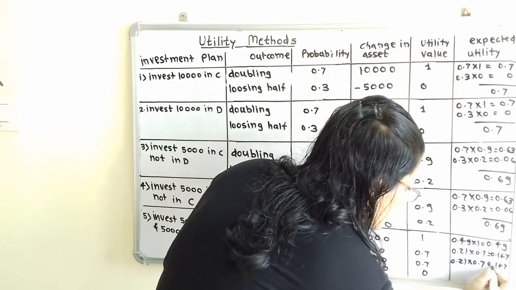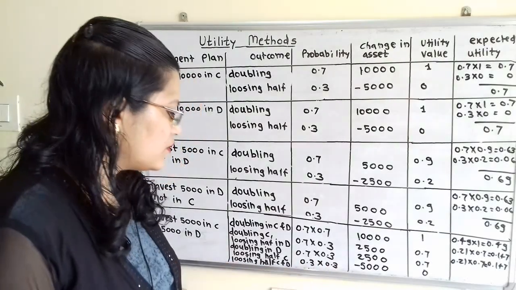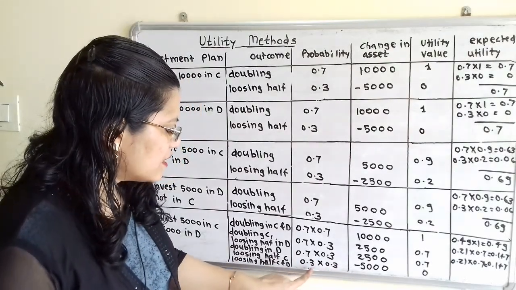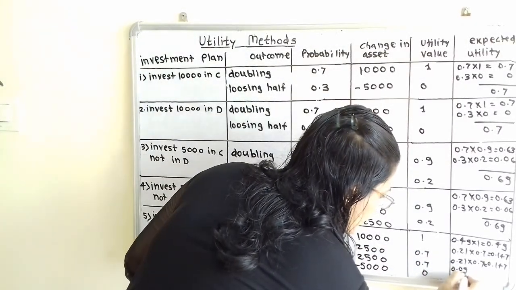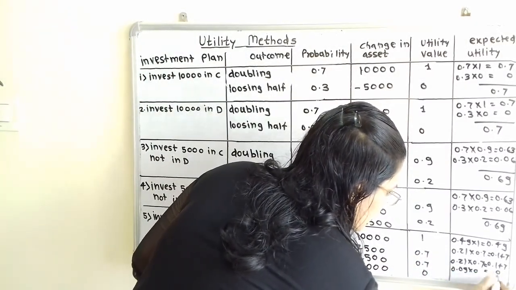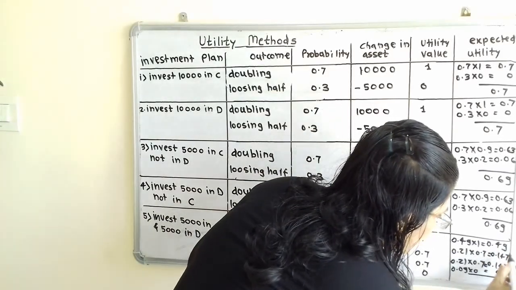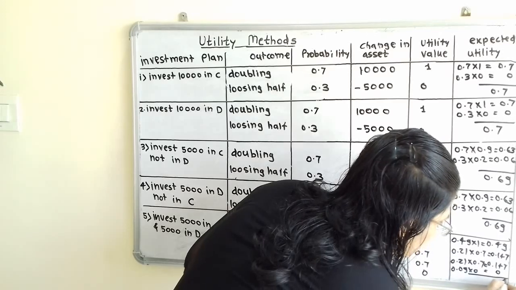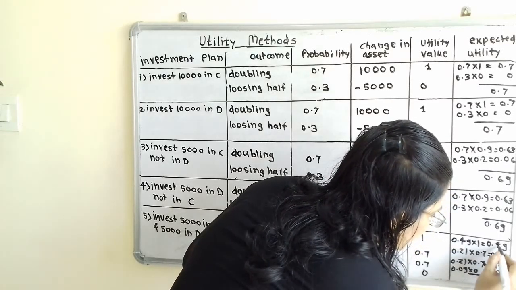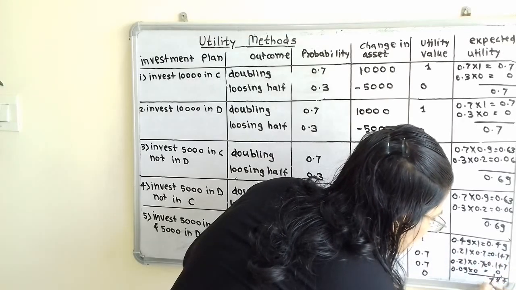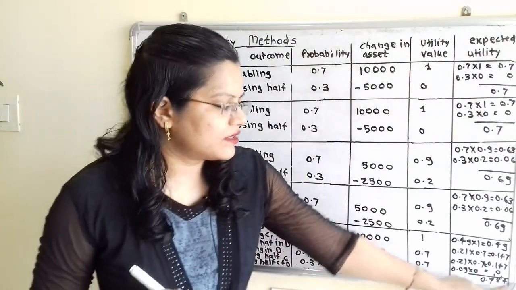Then here 0.3 into 0.3, that means 0.09 into 0, so it will become 0. Now when we add this, it will become 0.784. So this is the expected utility.